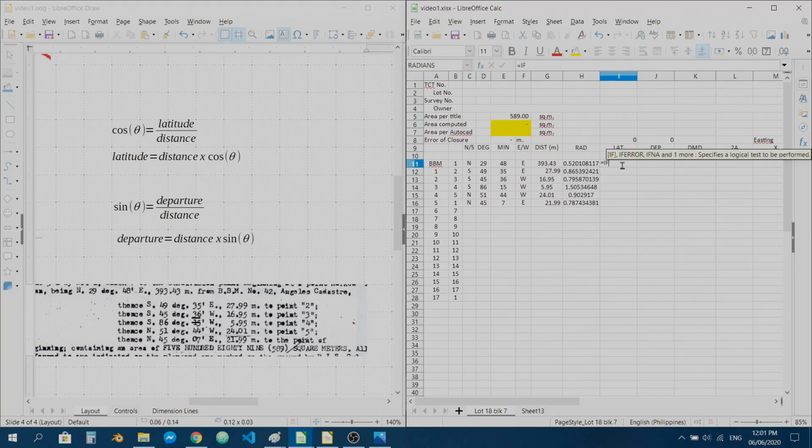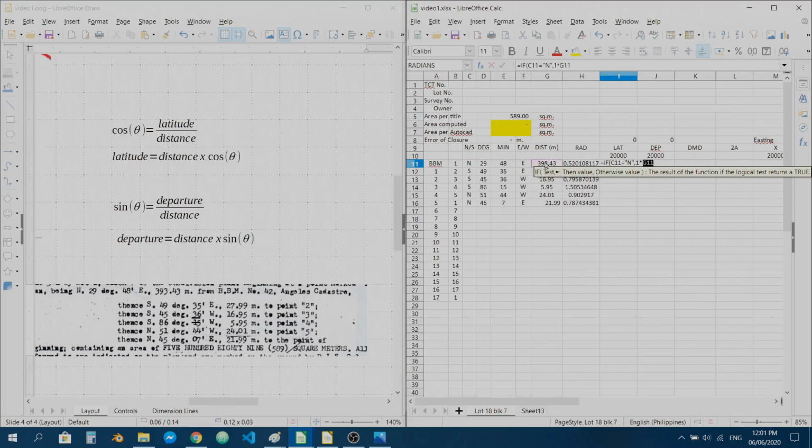Equals IF, if this value is equivalent to north, then the formula is 1 times the distance. Where is the distance?